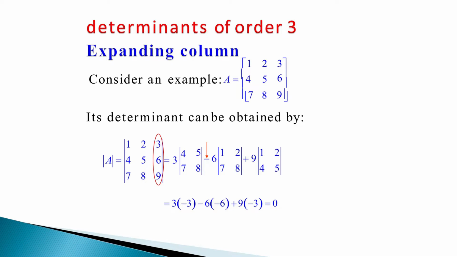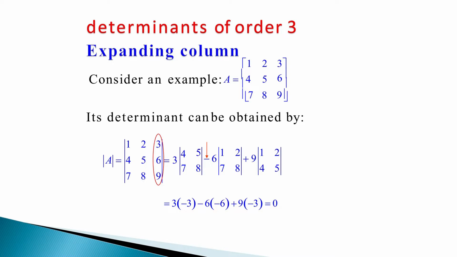Suppose the rows are 1, 2, 3, 4, 5, 6, 7, 8, 9. This is a third order determinant. Here we expand the third column. The third column consists of the elements 3, 6, 9. The sign of 3 is positive, the sign of 6 is negative and the sign of 9 is positive.